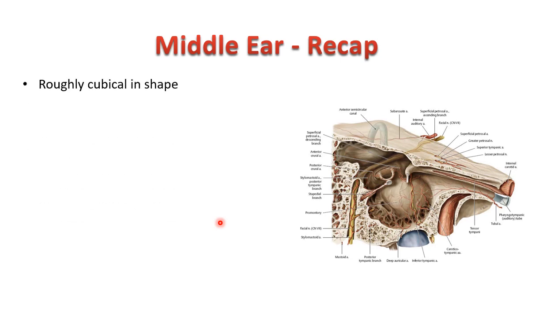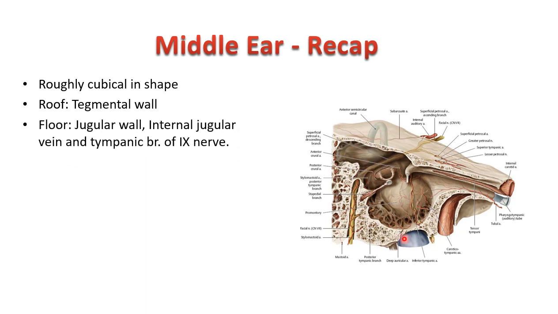The middle ear cavity, roughly cubical in shape, has the following boundaries. The roof is the tegmental wall, a thin plate of bone, which also continues with the roof of the mastoid antrum and separates the middle ear cavity from the middle cranial fossa. Then you have the floor or the jugular wall, mainly related to the superior bulb of the internal jugular vein, and the tympanic branch of the glossopharyngeal nerve enters through this wall.